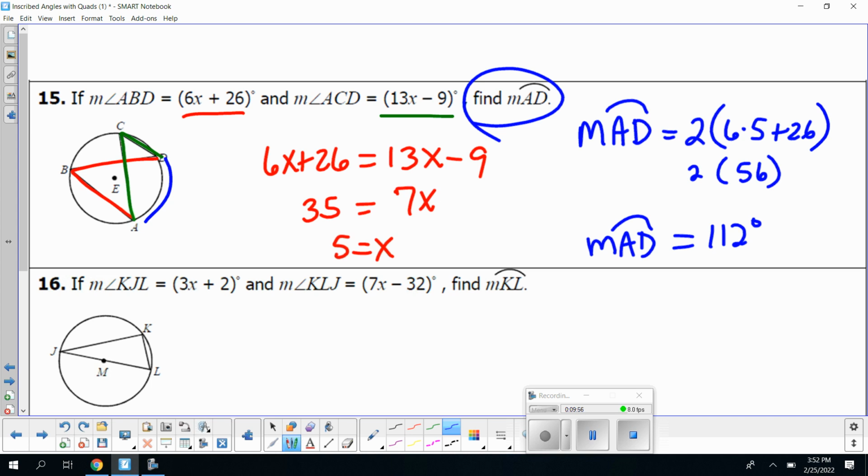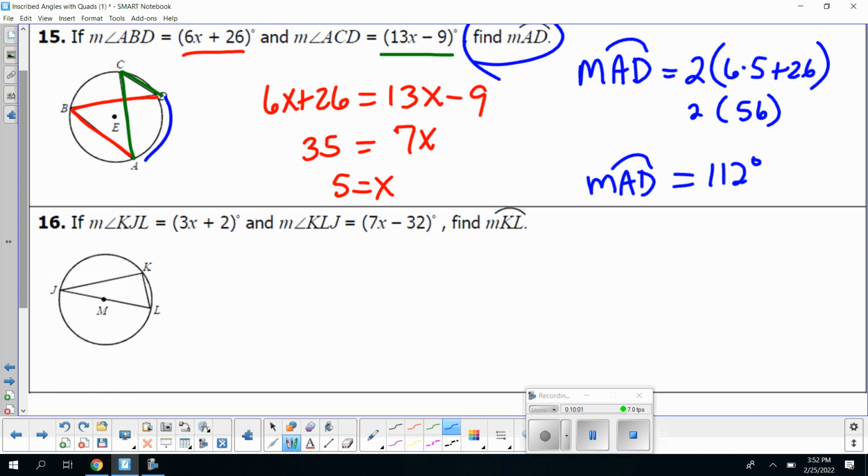Okay, let's take a look at 16. If the measurement of KJL is equal to 3x plus 2, and the measurement of KLJ is equal to 7x minus 32, I know that those two together are going to be equal to 90 because this is an angle that goes through the diameter and touches the diameter.